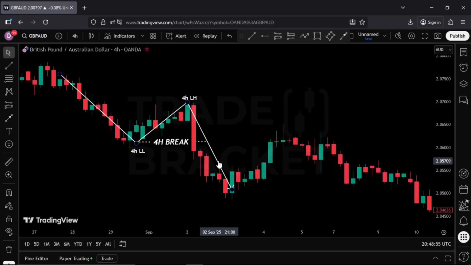Now let me go to the lower time frame, which is the 15-minute time frame. On the 15-minute time frame is where we shall mark this market structure. But I want to say something: on the 15-minute time frame, this pullback will be in an uptrend.